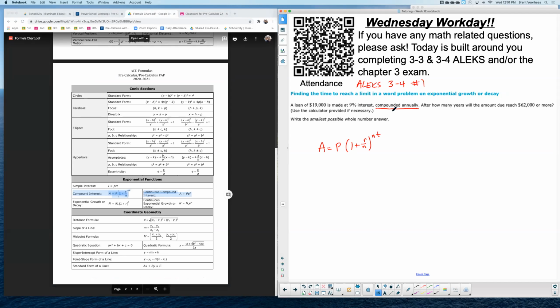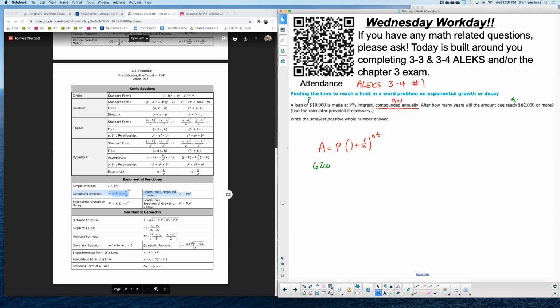Here it's annually, so n is 1. P is the starting amount, 19,000. A is your final amount, which is 62,000.